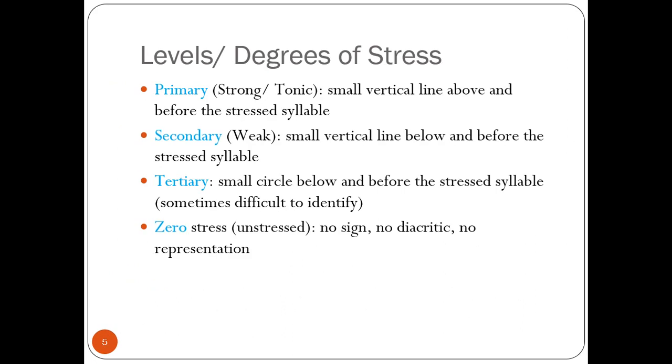What do you have? Phoneticians and linguists have identified sometimes 2, sometimes 3, and sometimes the maximum number of 4 different degrees or levels of stress. The first one is called primary or strong or tonic stress, and it is represented by a small vertical line above and before the stressed syllable.